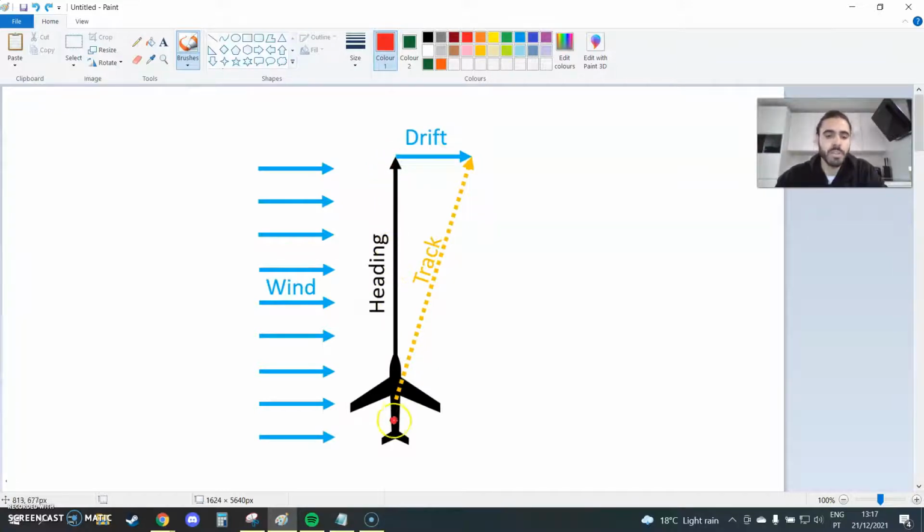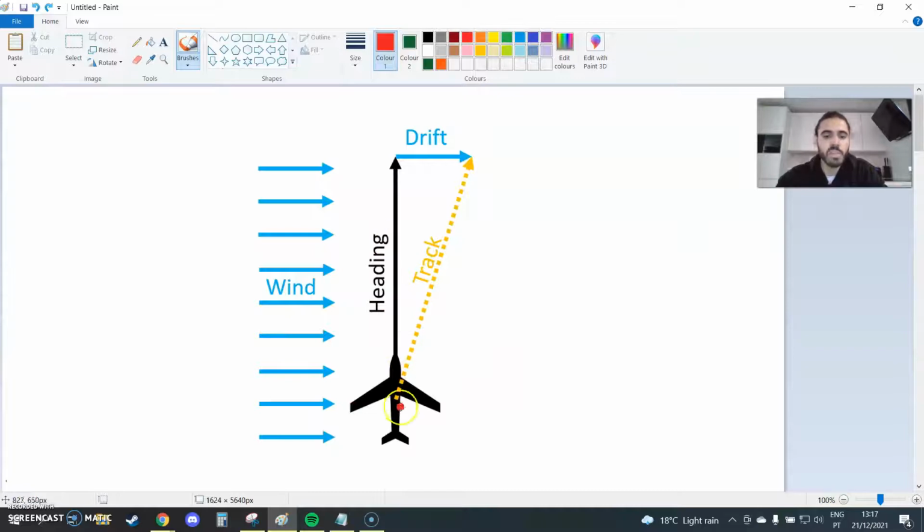The aircraft is pointing its heading this way, but the aircraft is experiencing wind from the left, so the aircraft is being pushed to the right due to wind.